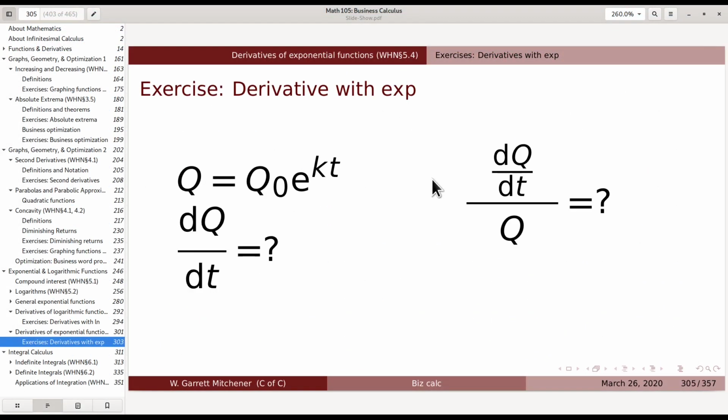Now, I'm going to do an example here. This is related to exponential growth. It'll take me a moment to explain what you're looking at. So first, Q equals Q sub 0 times e to the kt. Let me explain what all of these symbols are.